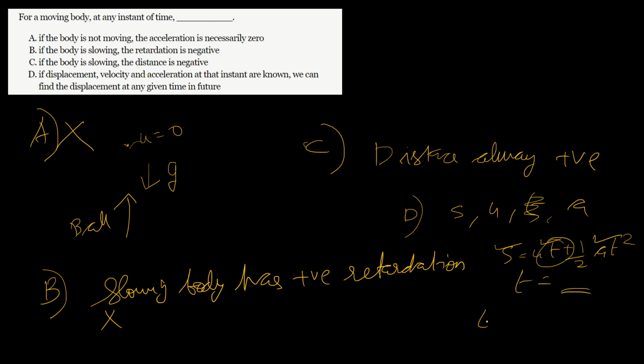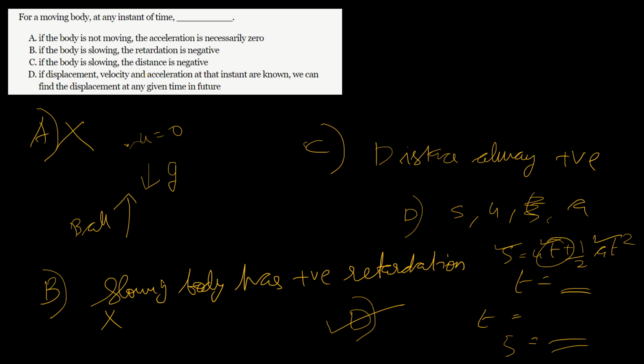Using this t, we can find the displacement at any given time in the future, right? So D is correct. So for this question, option D is correct, whereas the rest of the options are contradictory.